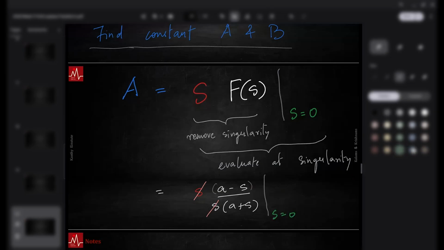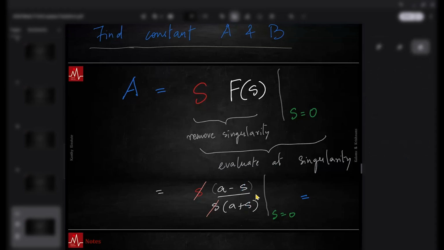What do you get for A? If you substitute s is 0, that is fairly simple. What do you get? A by A, you get 1.